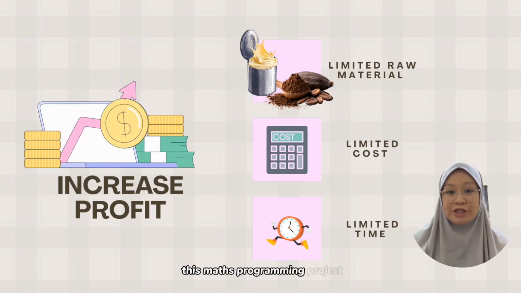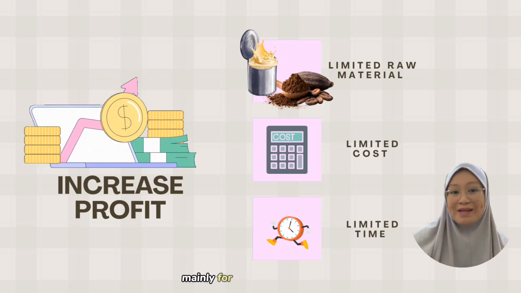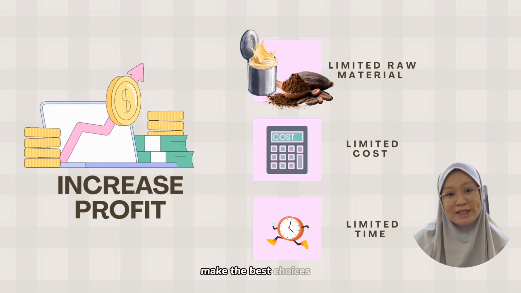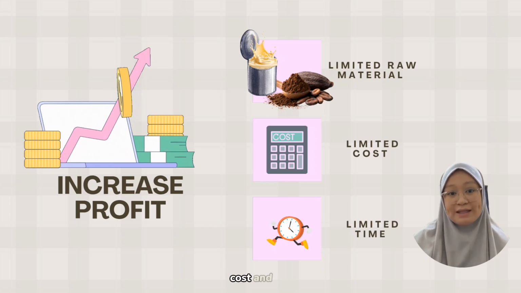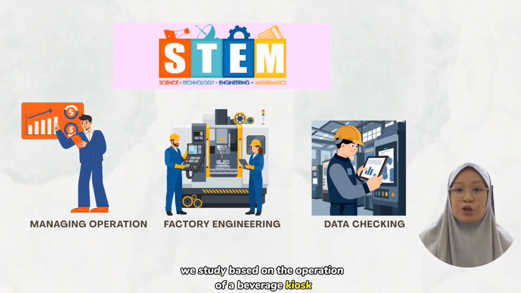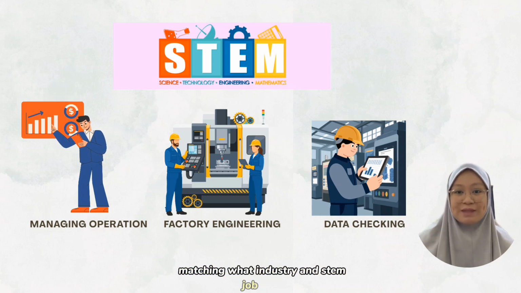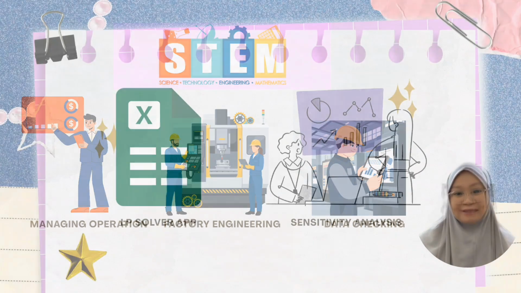This maths programming project shows clearly how linear programming works in real life, mainly for business and factories. LP helps companies make the best choices to maximize profit while handling limited things like raw material, cost, and time. We studied the operation of a beverage kiosk to show how maths helps plan daily work, matching what industry and STEM jobs need, like managing operations, factory engineering, and data checking.